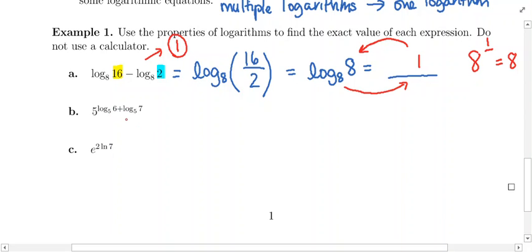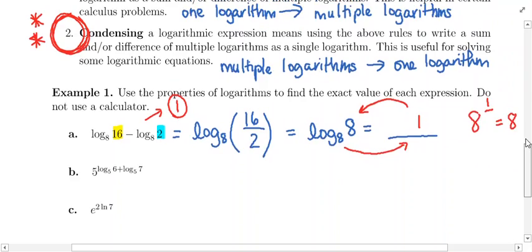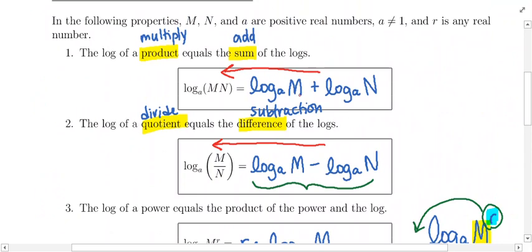If you have two logarithms that are the same base and you're adding them, you can use property 1. We can follow the red arrow to the left and combine these into one logarithm of the same base. Addition will turn into multiplication.